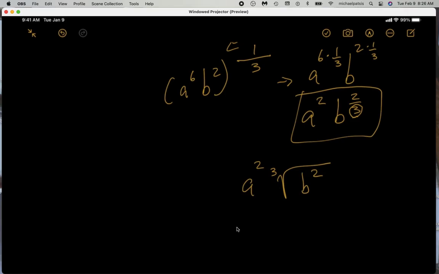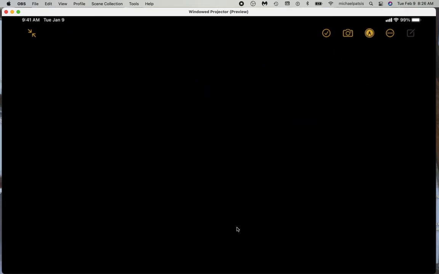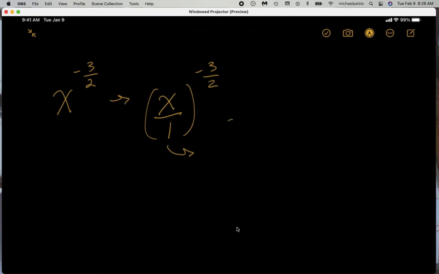Let's talk about negative exponents and moving back and forth to radicals. We saw from our last video that when you have a negative exponent, you can convert this in your mind to x over 1 to negative 3 over 2. You take the reciprocal of this.